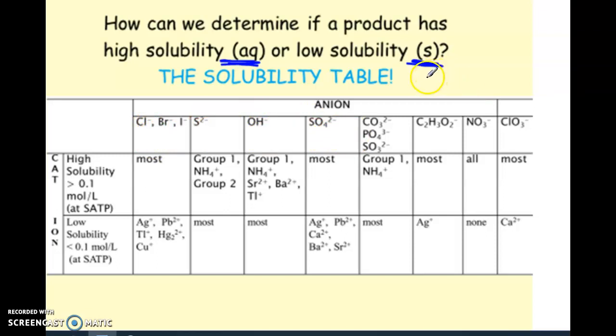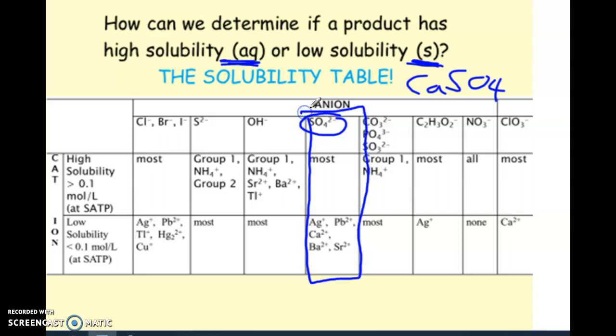First you would look to see what column you're working with. So let's say we had calcium sulfate. You would look to see, okay, sulfate is in this column, and then you're either looking to see, is calcium in the top row or is calcium in the bottom row? In this case, calcium is in the bottom row, which means it has low solubility.